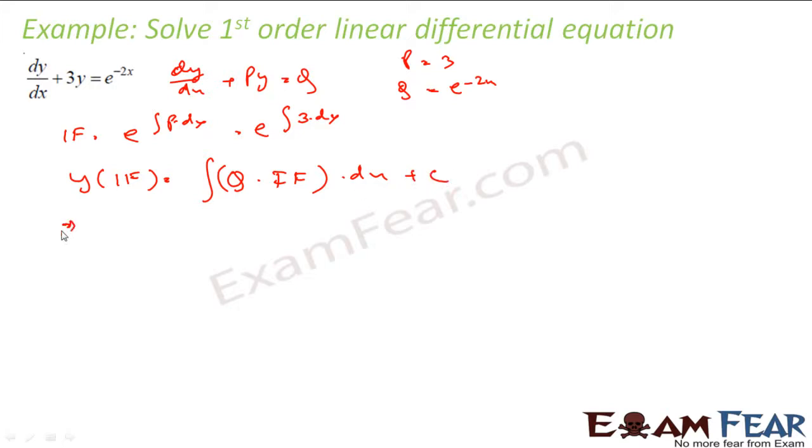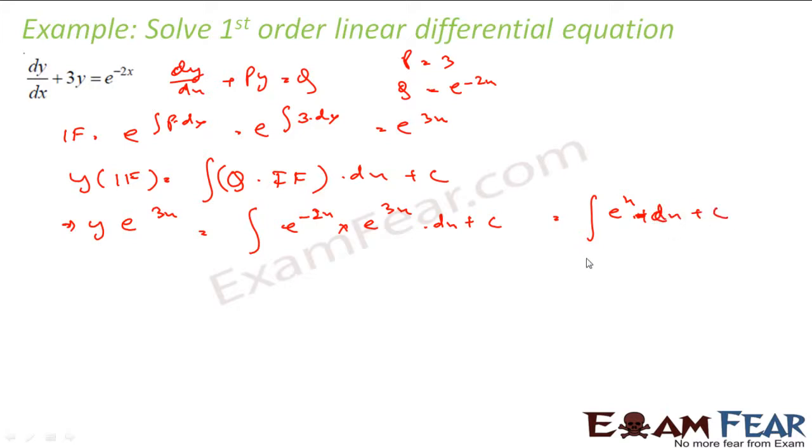So let's put this: y into IF, that is e to the power 3x, is equal to integration of q. What is the value of q? e to the power minus 2x, into IF, e to the power 3x, dx plus c. That is integration of e to the power x dx plus c, and that is nothing but e to the power x plus c. Correct?